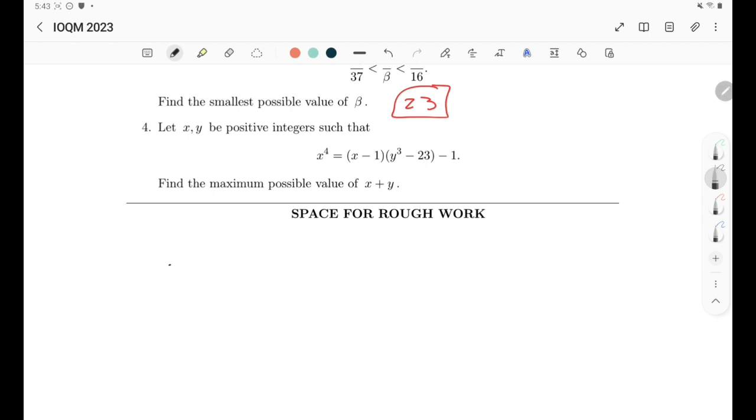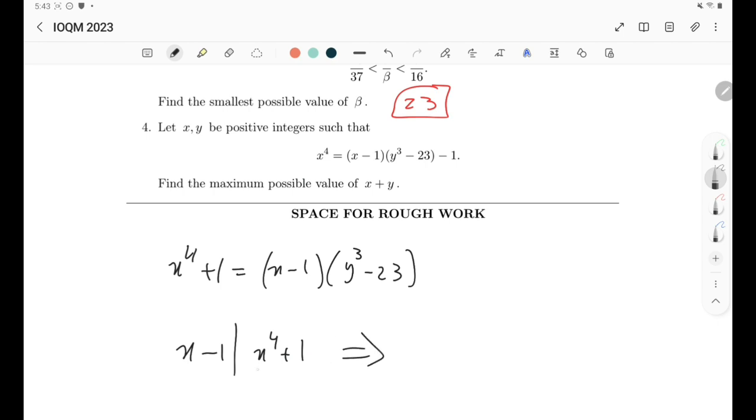So if we just rearrange, we're going to get this thing. Now, if you have some experience with divisibility, then you can already see that this thing has two factors, x minus 1 and this other thing. So that means this thing is divisible by x minus 1.